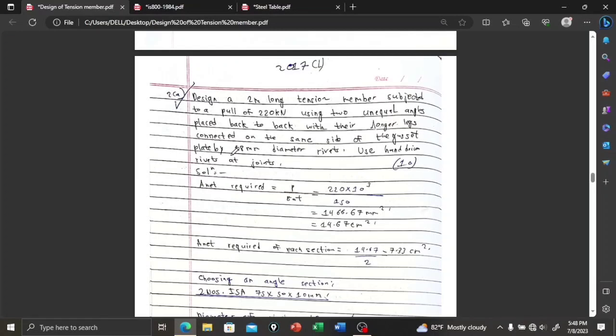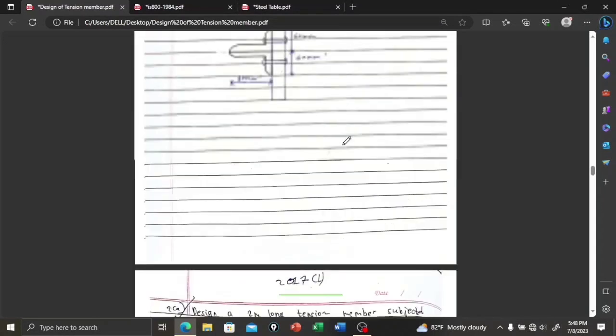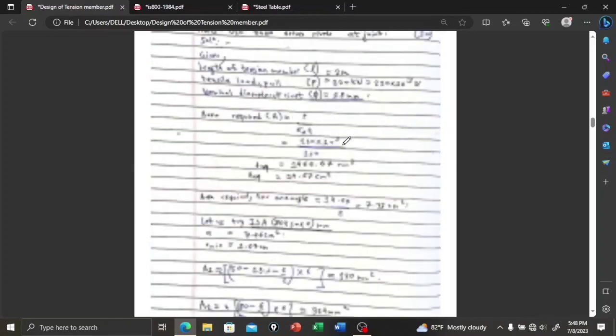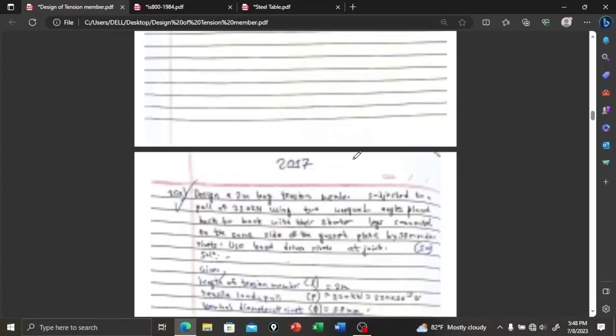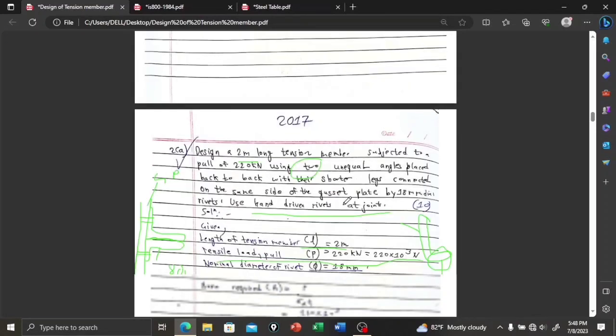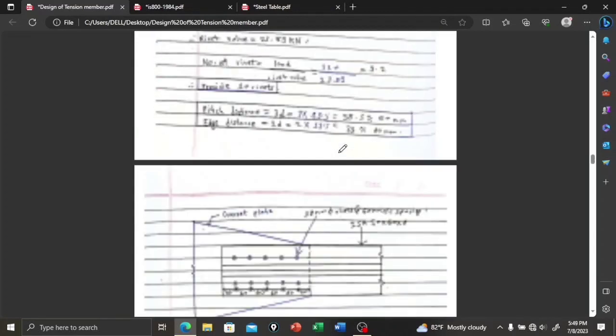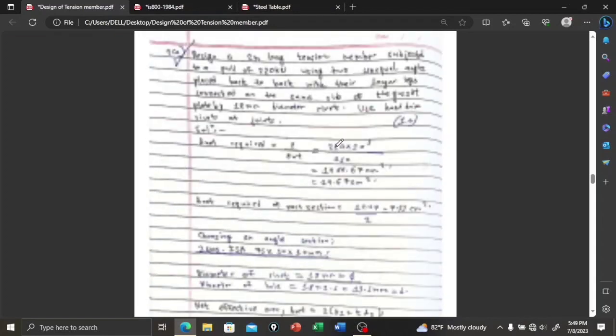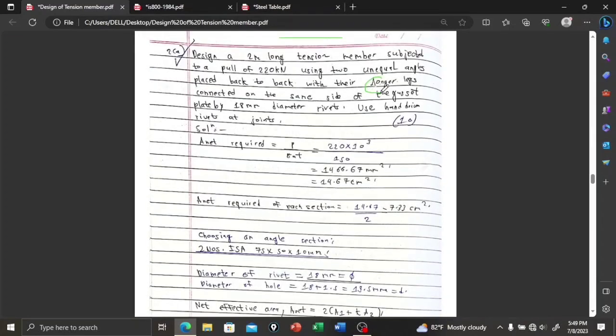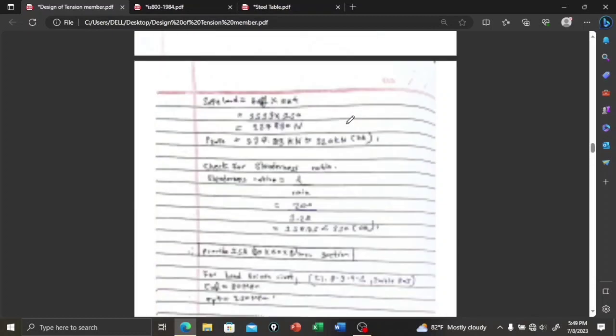And this is the question like 2017, but in 2017 shorter leg connected on the same side of gusset plate. Here is shorter side, but in this question we use longer leg connected on same side of gusset plate by 18 mm diameter rivet.